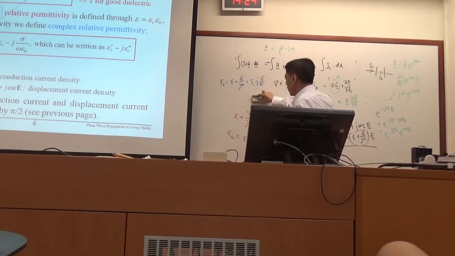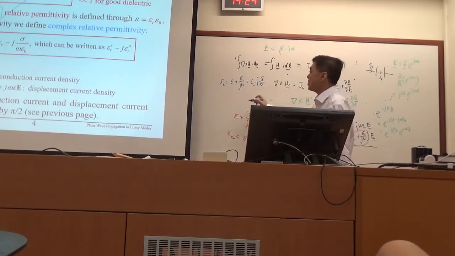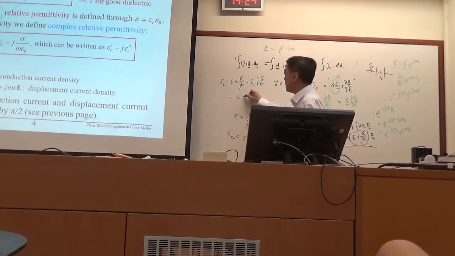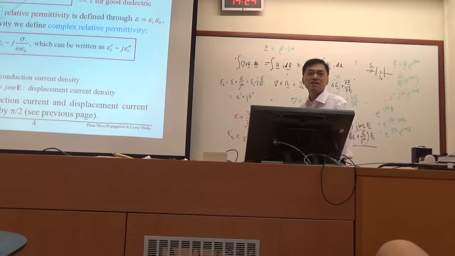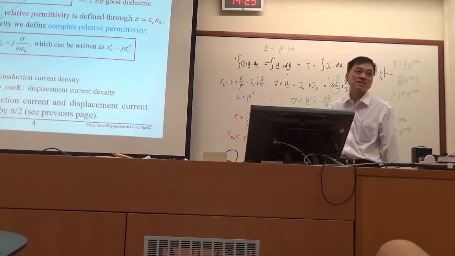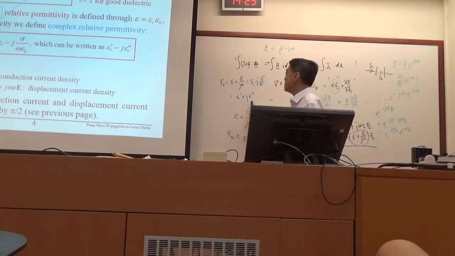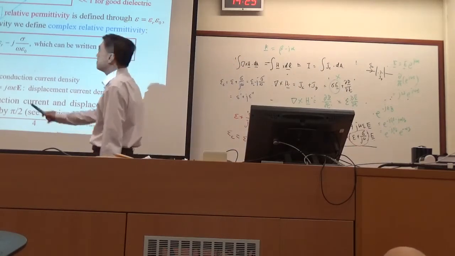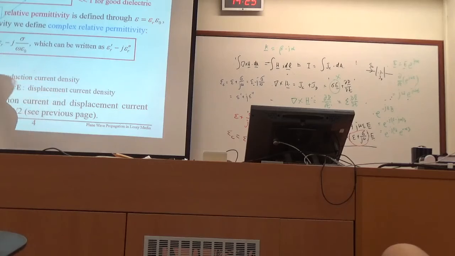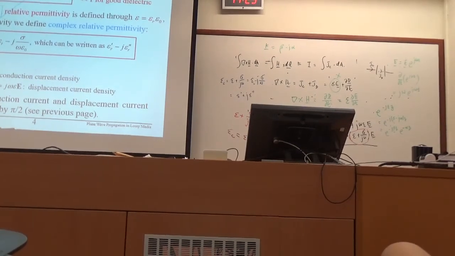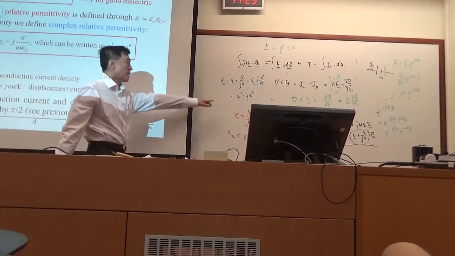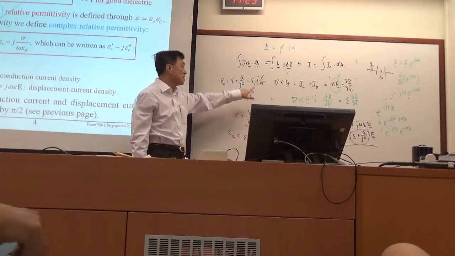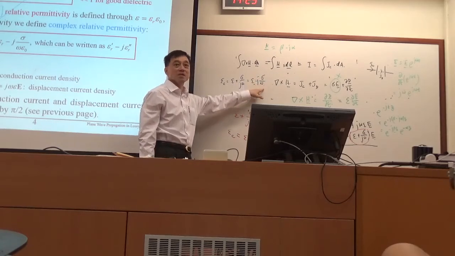This is the original, which is also equal to epsilon prime plus j epsilon double prime. I don't know why they need so many definitions, but never mind. So epsilon prime is the epsilon, and epsilon double prime is sigma over omega.